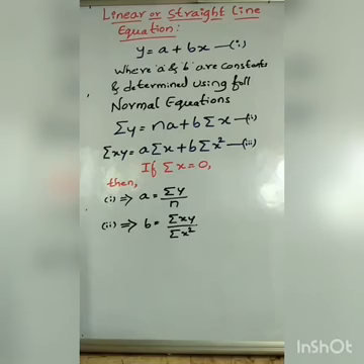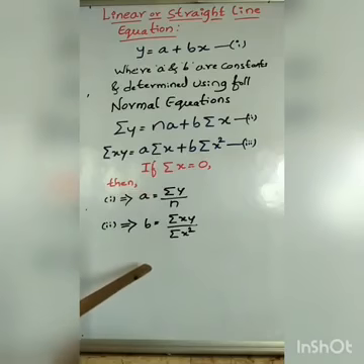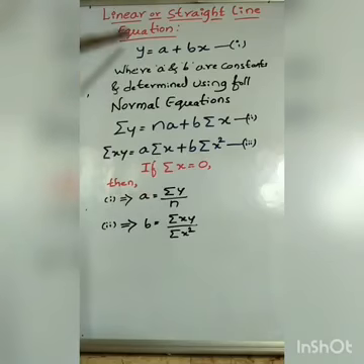After getting the a and b values, we need to substitute those determined a and b values over here, and the x time points at least we will be knowing. X values will be given and y values also will be given.